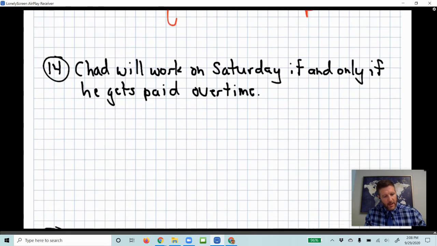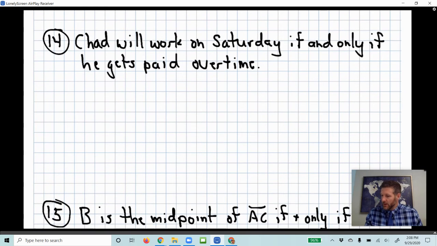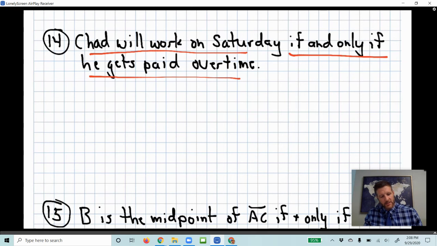A little tricky. Number 14. This one, we are going to write the conditional statement and the converse. They've given us a biconditional. So Chad will work on Saturday if and only if he gets paid overtime. So there's our key bridge, if and only if, making this a biconditional. So here we go. Chad will work on Saturday is one of our clauses, and then he gets paid overtime is our second one.